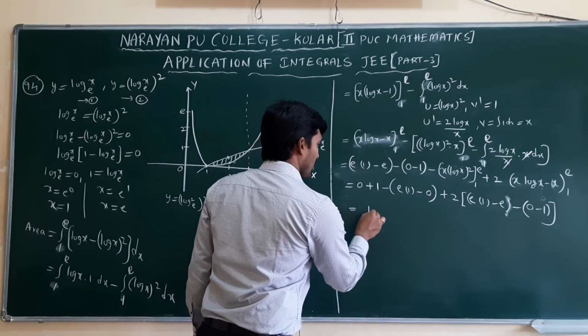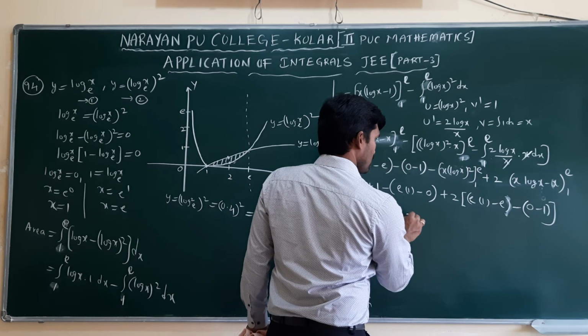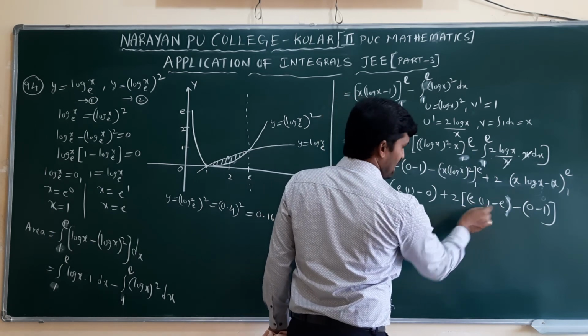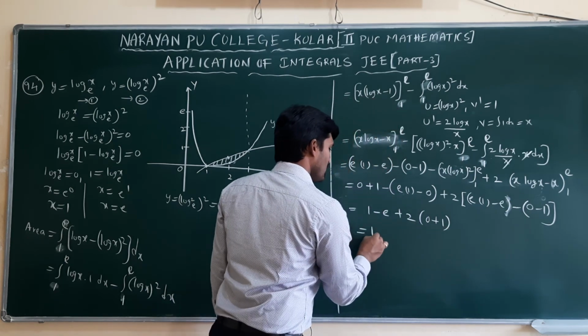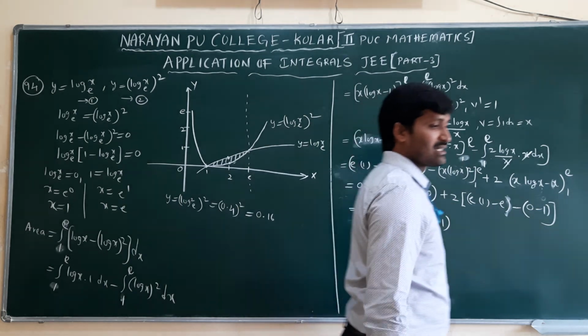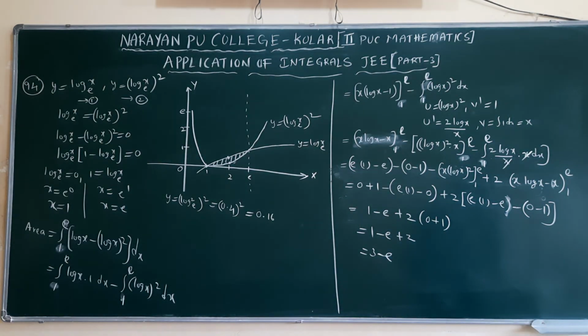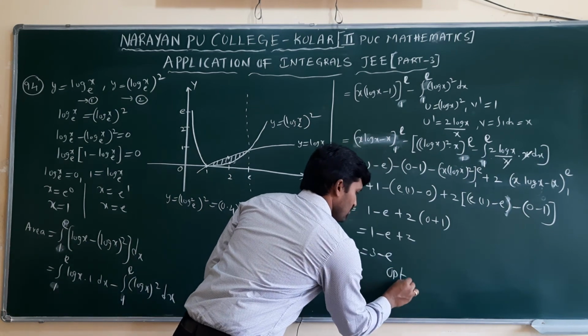Which value is left here? 1 minus e. 2 into e minus e into 1, e minus e is 0, minus of minus plus 1. So 1 minus e plus 2. The answer is 3 minus e. Now, 3 minus e is there in which option? Option B is the correct one.